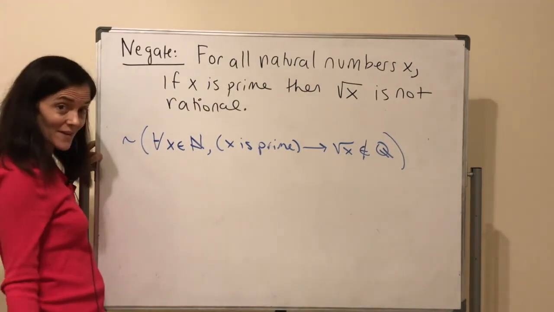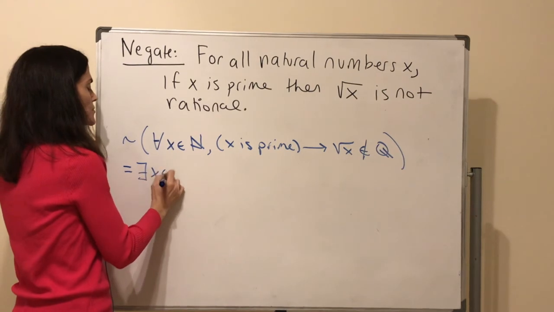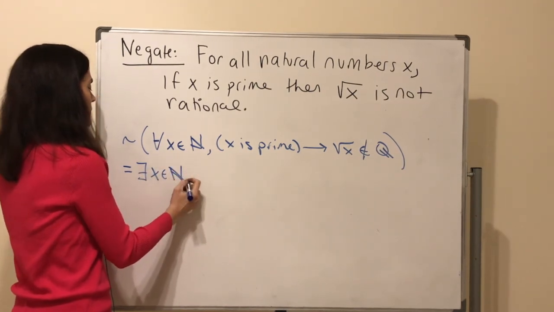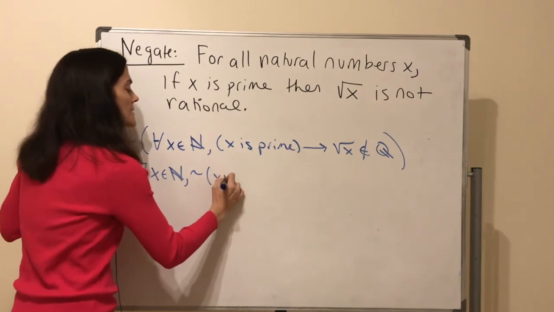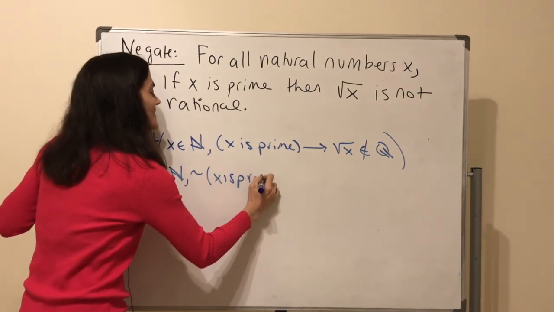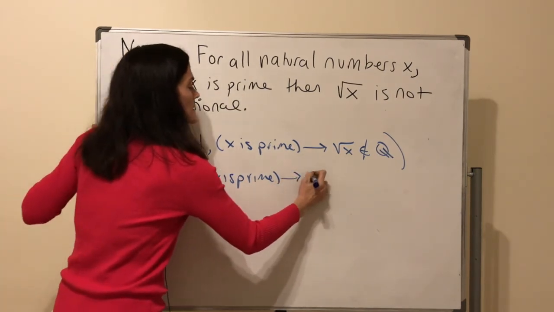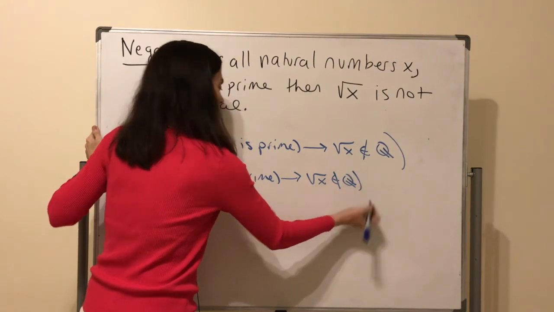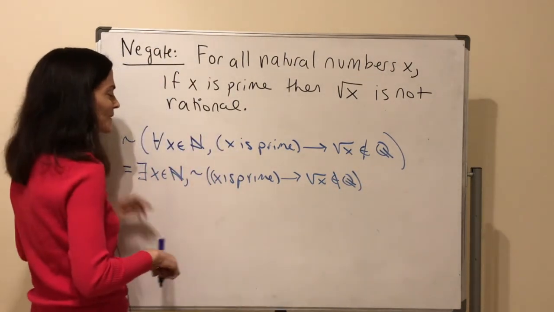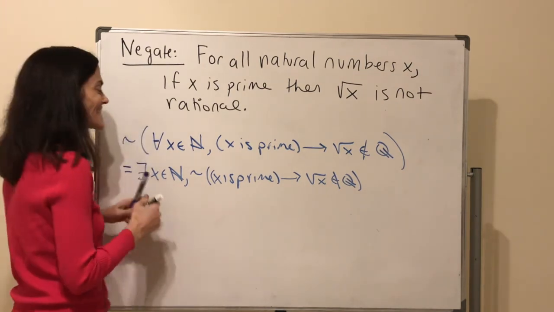First, we have a quantifier. This would be there exists a natural number, and then such that it's not the case that x is prime implies square root of x is not in Q. Now, we have to remember, how do we negate an implication?